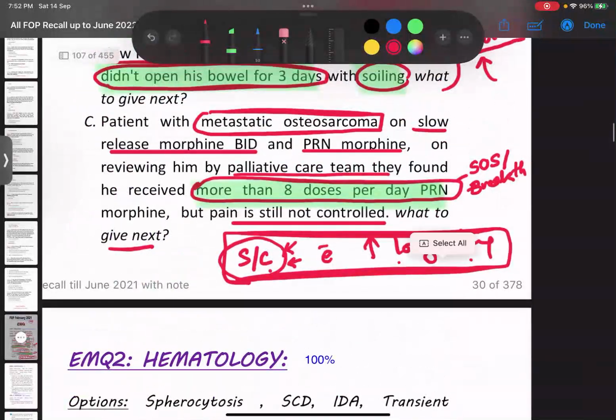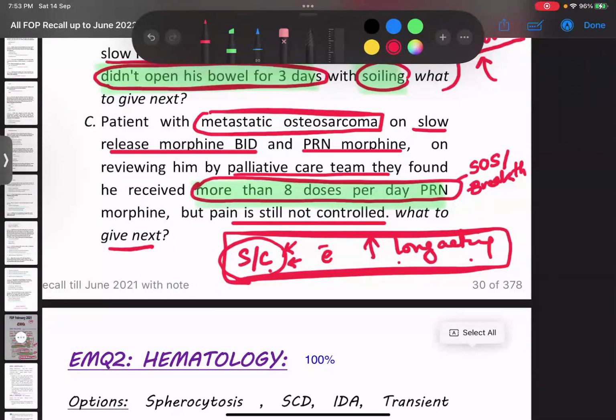Sorry, so will they give the right answer for any one of these, both subcutaneous or increase long acting? Yes, both are correct, but we are looking for the most accurate one. Mainly, if the patient is not responding to PRN dose and the PRN dose is a high breakthrough dose, the first thing is that we have to increase the long acting dose. So we can do that, but long acting doses are given only twice a day, right?